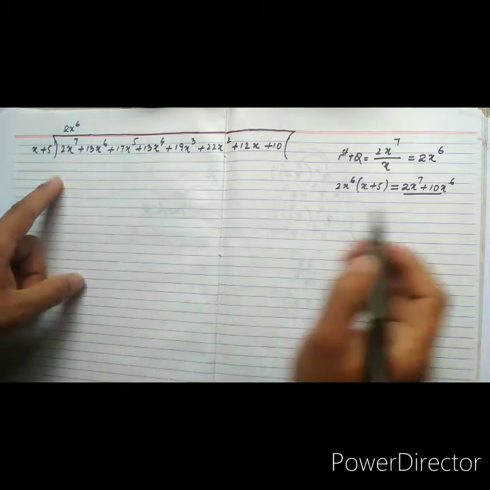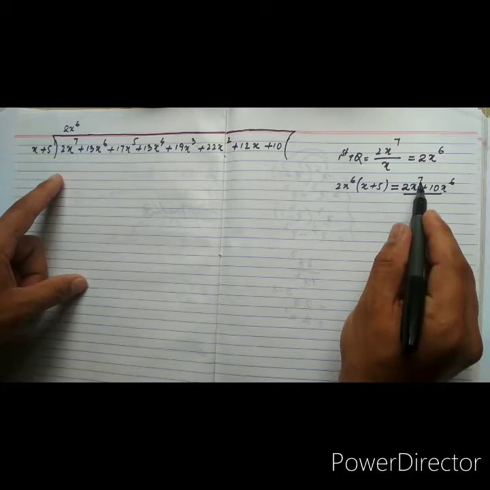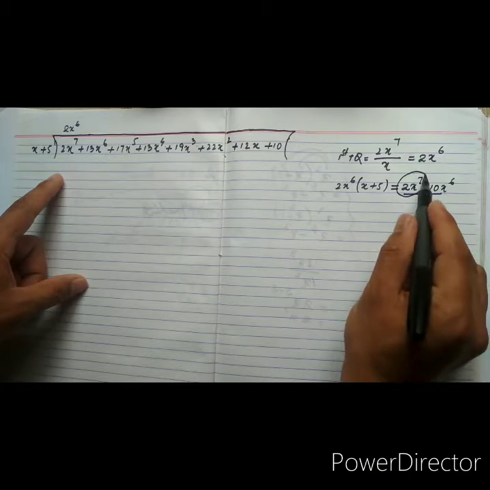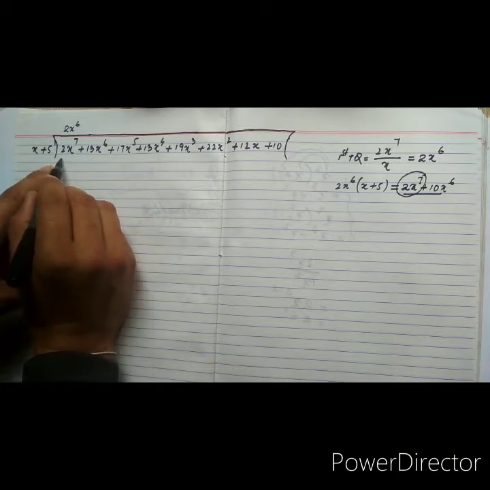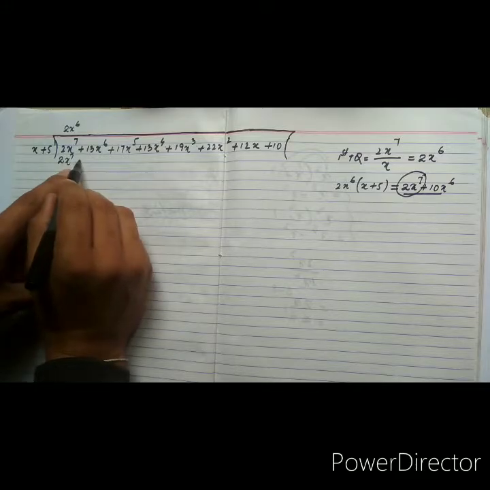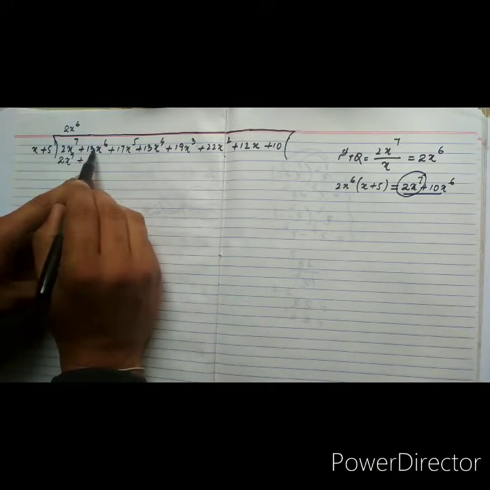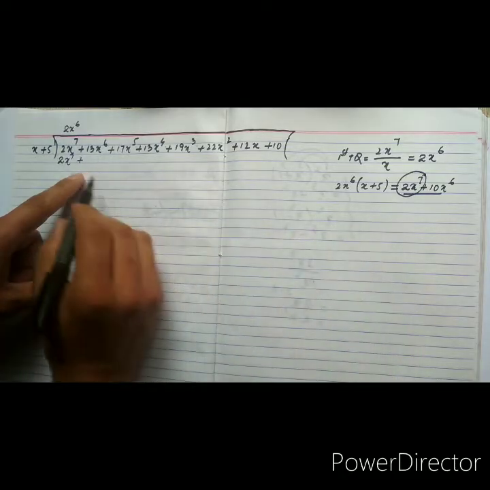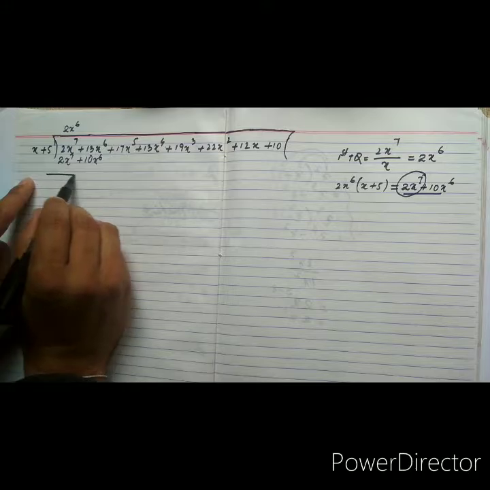So when we write, what is the first one? 2x power 7, so the power is 7, so we will write this one just below here so that we can make the like terms. 2x to the power 7. What is the next one? Plus 10x to the power 6, the power is all the same here.